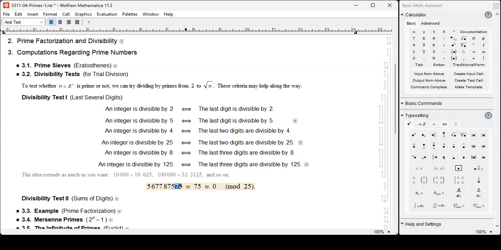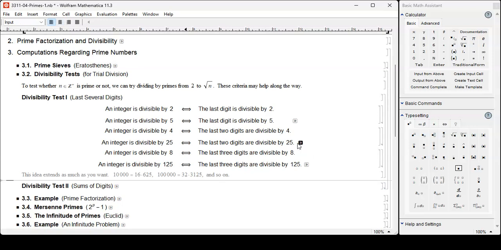Yes, you can say things like that simply by looking at the last 2 digits. And then how about the last 3 digits? Divisibility by 8 and also divisibility by 125. And for the last 4 digits, last 5 digits, we'll have more, but hey, what's the point?